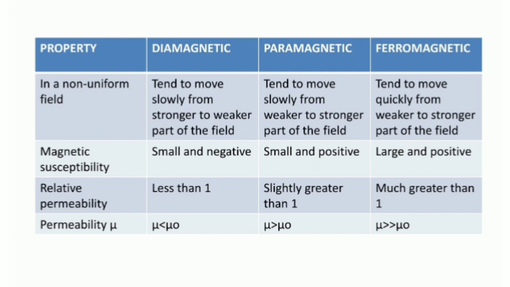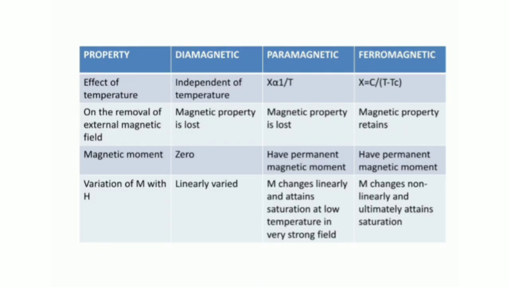Permeability of the medium is, for diamagnetic, less than the permeability of free space, for paramagnetic greater than the permeability of free space, for ferromagnetic material very much greater than that of the free space. Now the effect of temperature.